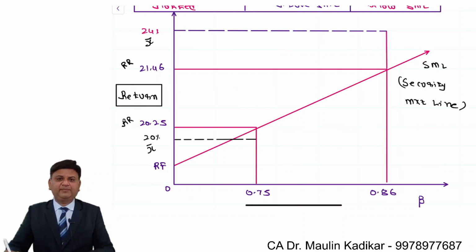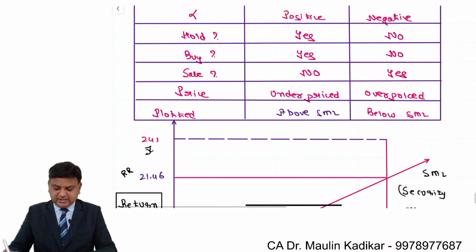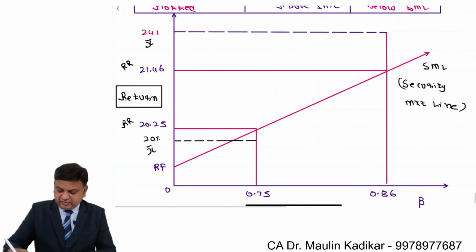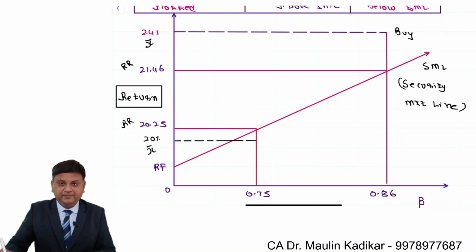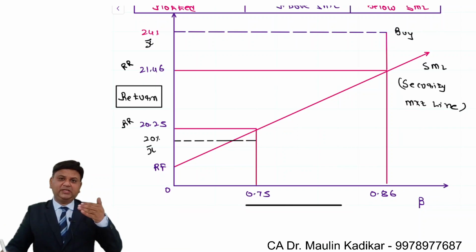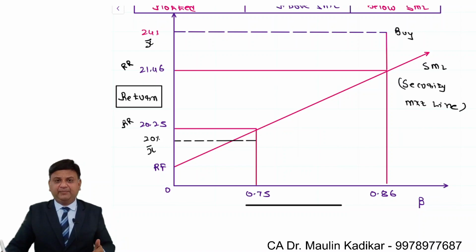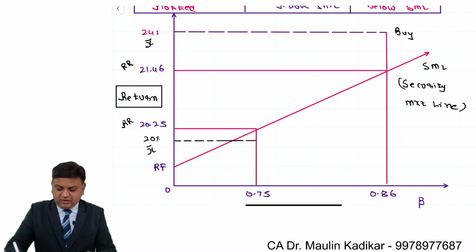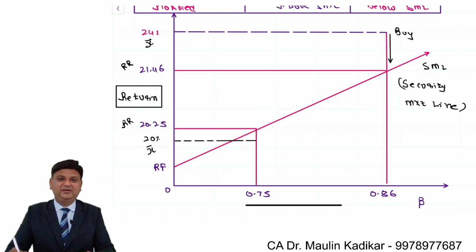As far as security A is concerned, it is underpriced. So everybody will do the transaction for buy. You purchase, purchase, purchase. So the price of the security will increase in such a way that the return of the security will fall down and it will lie on the security market line.